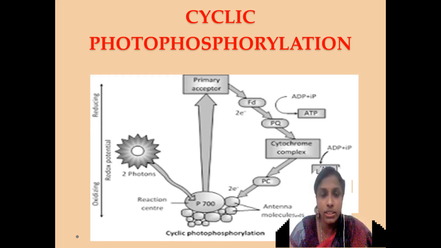Photosystem 1 receives the light from the sun and the electron will get excited and be accepted by the primary acceptor, and the electron will move in the electron transport system, forming ATP. So this is the cyclic photophosphorylation.